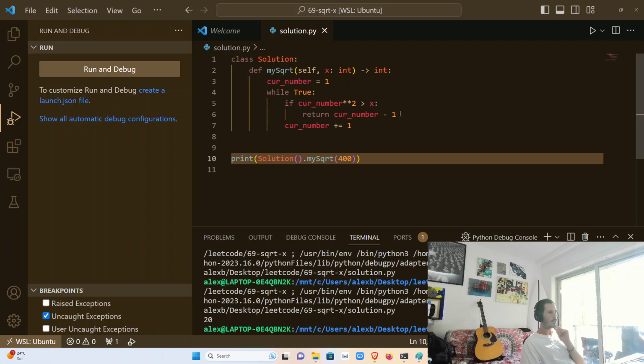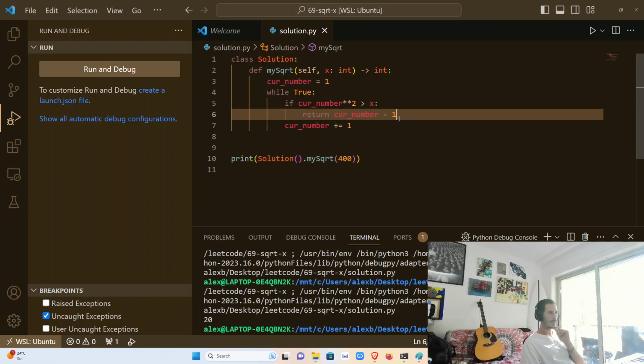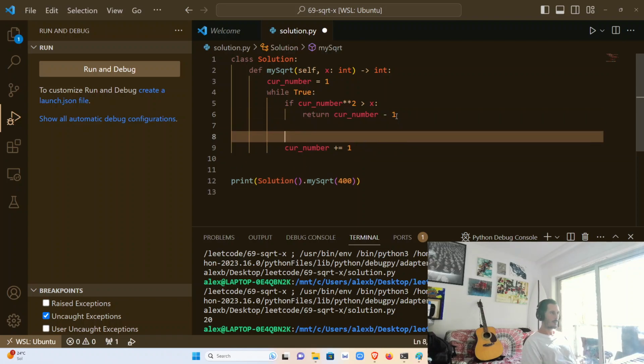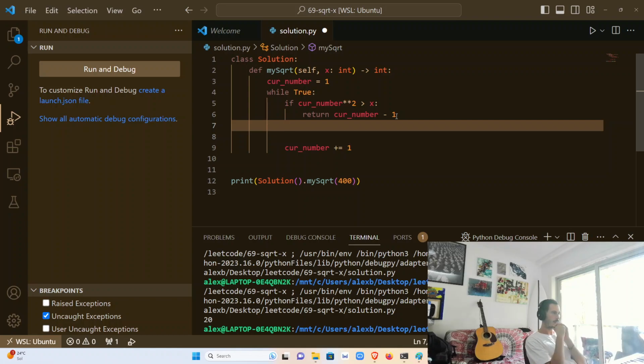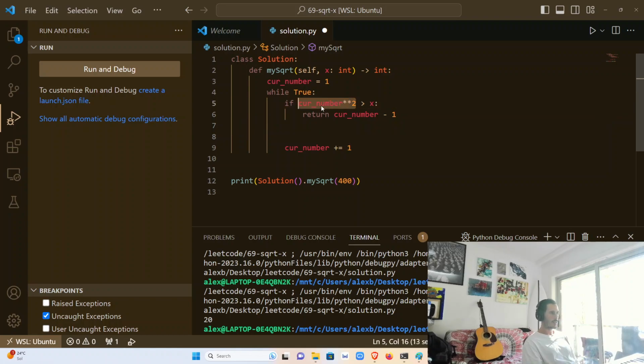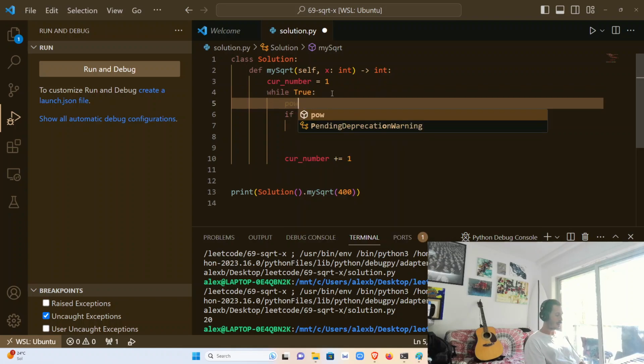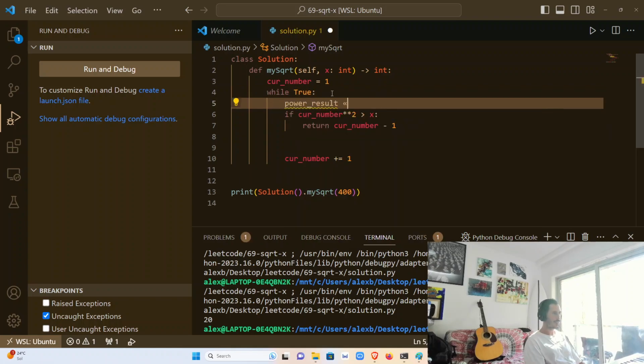Okay, what we can do is, let's see, let's do something like if the number, okay, power result.